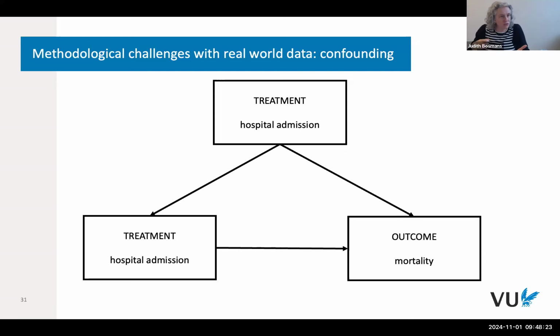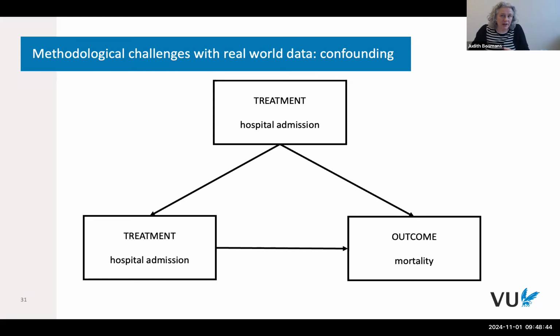So hospital admissions do not increase mortality, but there's some underlying factor, a confounder, the underlying health conditions, that influences both the fact that people need a hospital admission and the outcome that we're interested in, namely mortality.